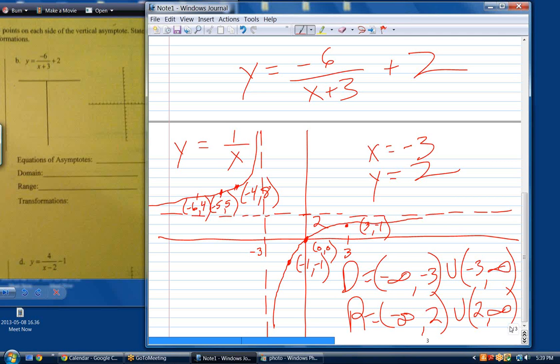And what else? There's one more thing going on here. Reflection over the x-axis. In other words, if I make this a positive sign, these 2 curves come in these 2 quadrants, which is the reflection over the x-axis.